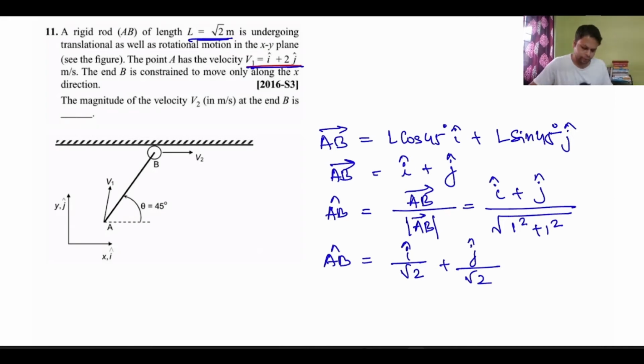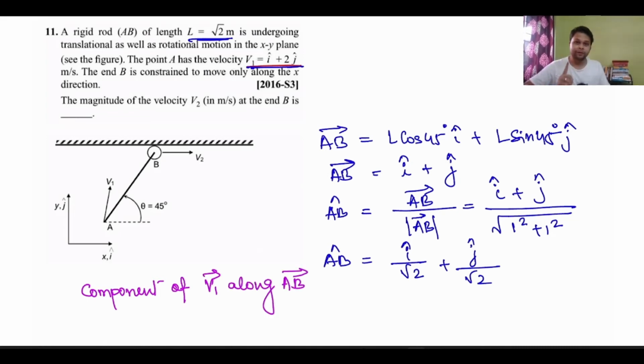Now, if you want to find out the component of V1 along vector AB, how can I write it? Component of velocity V1 along AB.